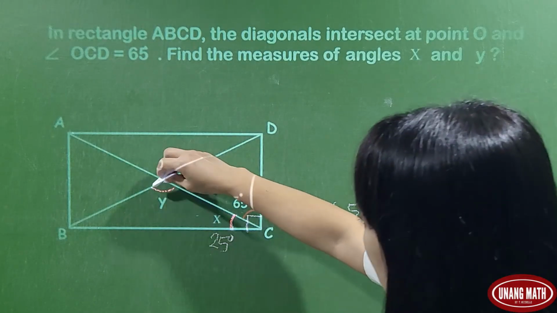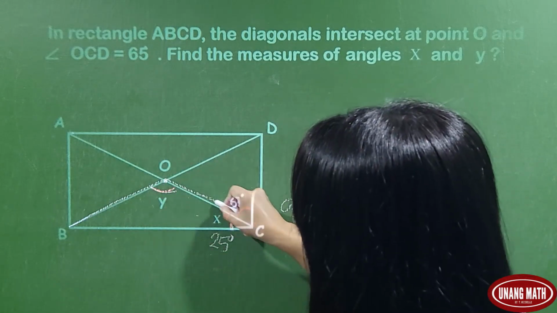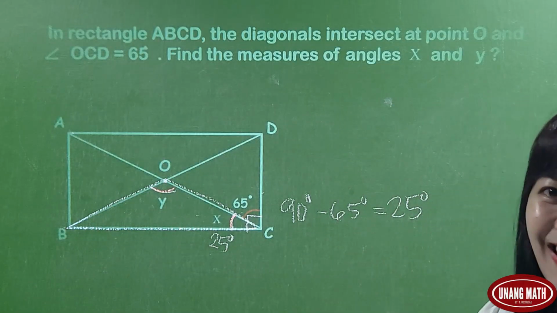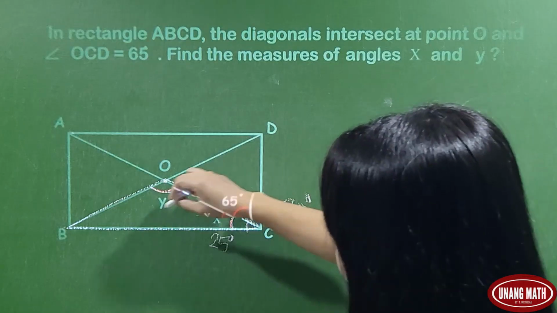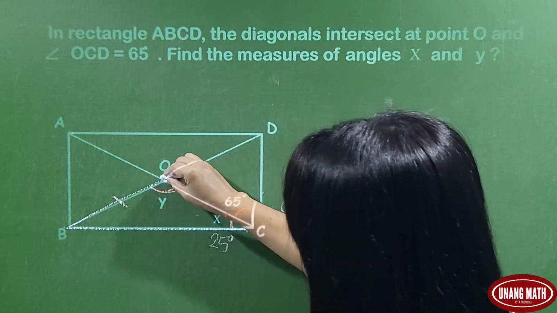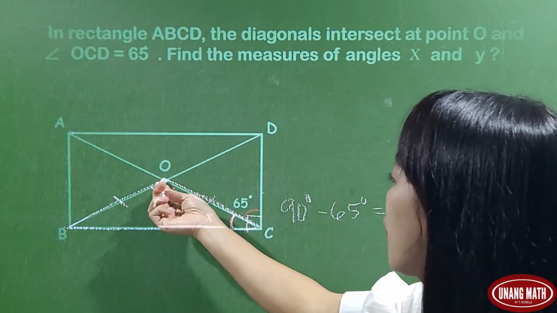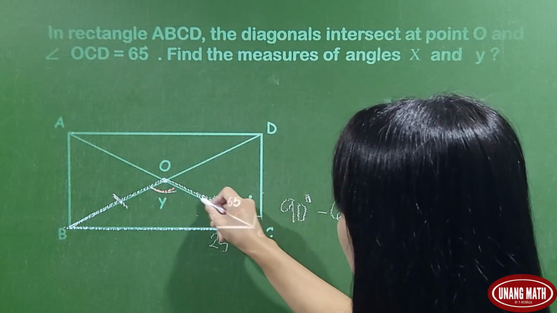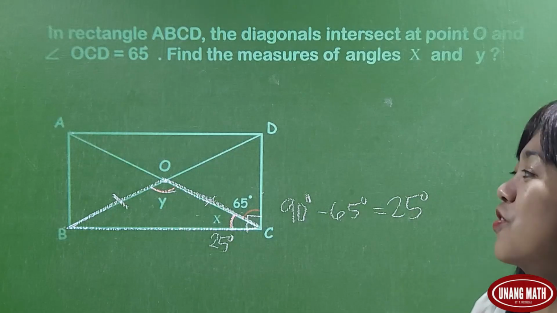Okay, now, what about angle Y? Angle Y belongs to this triangle BOC. And since this side is equal to this side, because take note, this is the intersection of the diagonals, this line is equal to this line. So triangle BOC is an isosceles triangle.